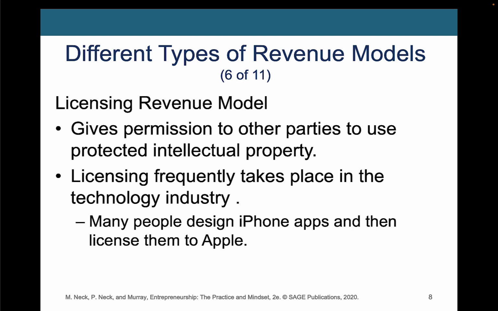If you want to use, for example, Disney logos or Disney characters on a particular product of yours, you have to get a license to do that, because you're going to have to pay a certain percentage, or however Disney does it, a cut from it. So it's a licensed revenue model, or else you'll get in big trouble. You have to get permission from that party.